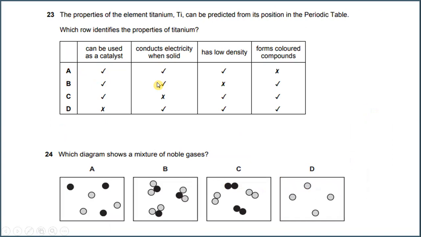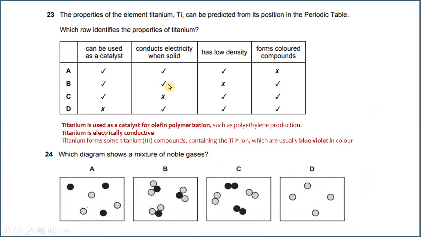23. The properties of the element titanium can be predicted from its position in the periodic table. Which row identifies the properties of titanium? Titanium is used as a catalyst, such as in polyethylene production. So the first one, can be used as a catalyst, is a check, it's right.